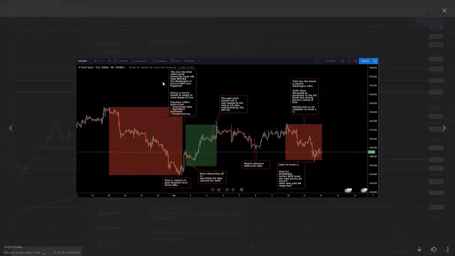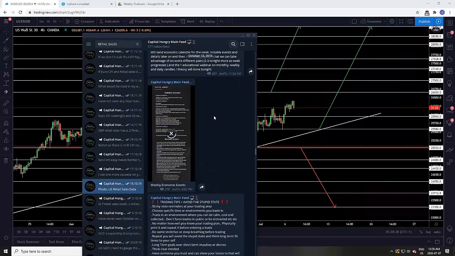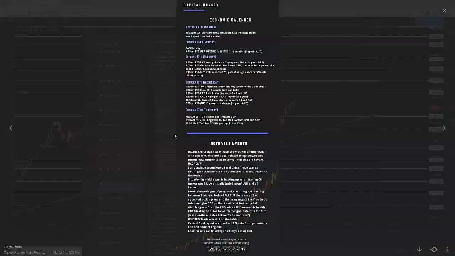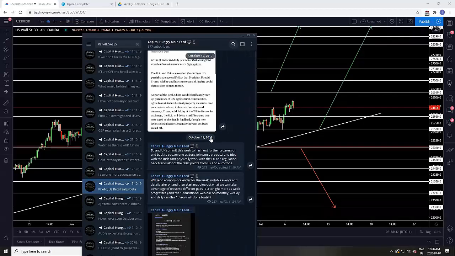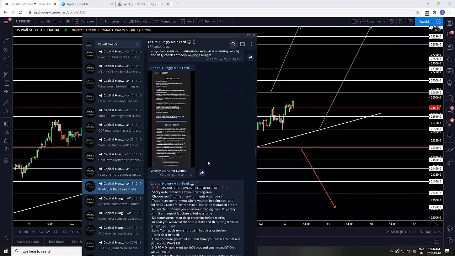I even used to do this chain of events analysis. This is what caused gold upside. This is what caused the bounce, the NFP data that day. And then we had some consolidations. If you guys really want to learn, we've been doing the economic events, the trading tips, it just used to be typed out.